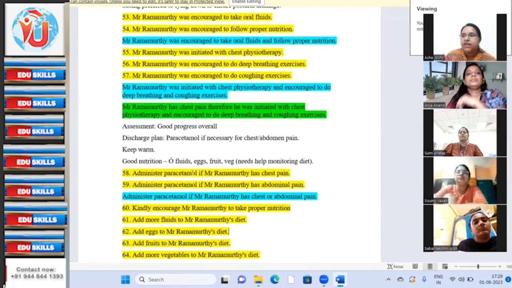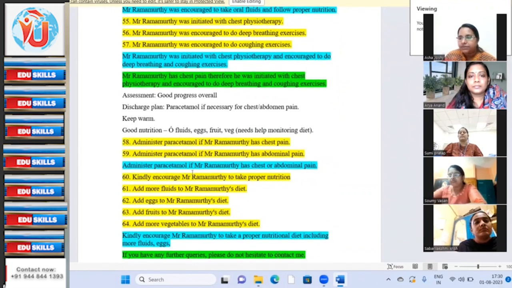Then moving to the next slide: Mr. Ramamurthy was initiated on chest physiotherapy and encouraged to do deep breathing and coughing exercises. Here we can construct a sentence like: Mr. Ramamurthy has chest pain due to persistent cough.